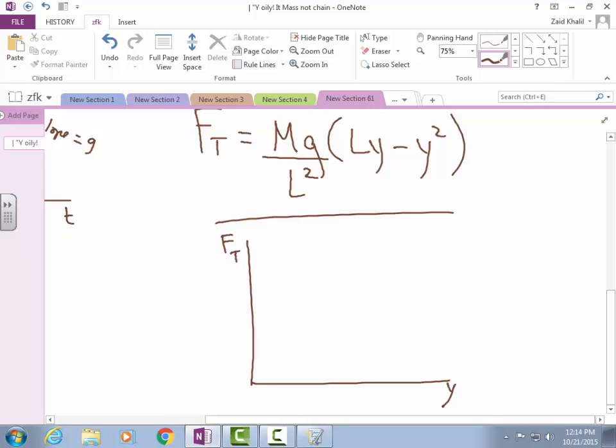What can you tell about, is it concave up or concave down? Down. How do you know this? Because the coefficient in front of the squared term is negative. So it's 0 here, and it's 0 at L. So therefore, what's that going to look like?